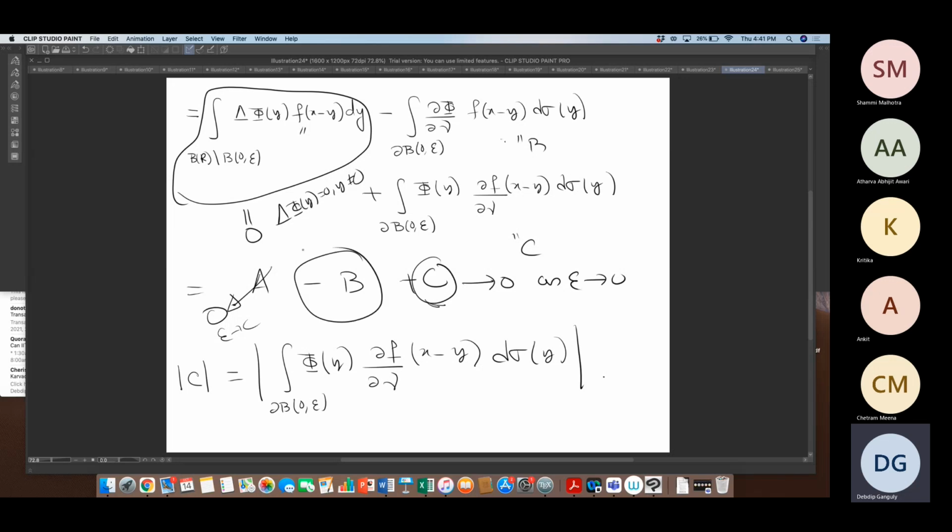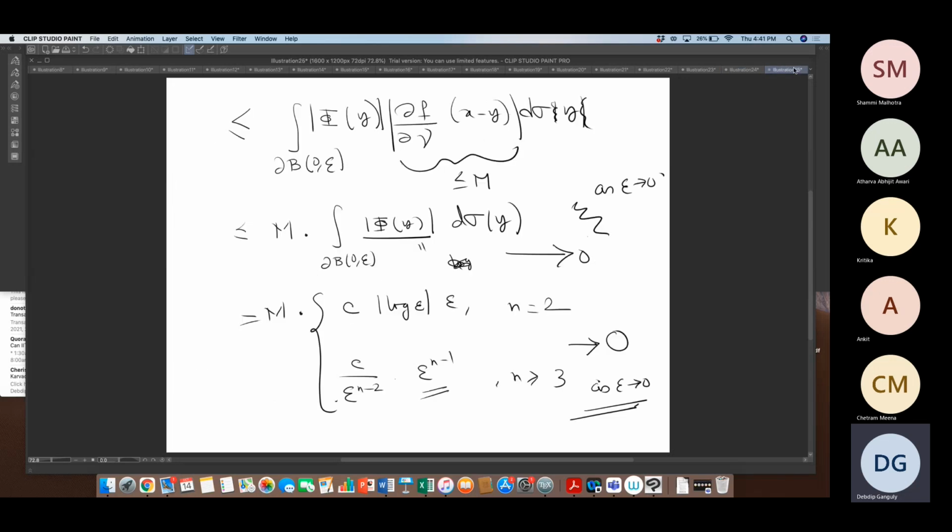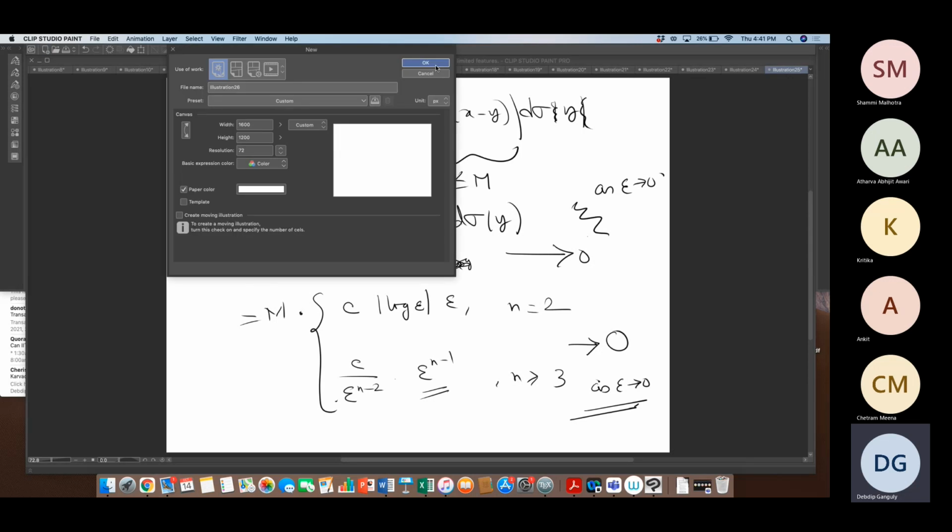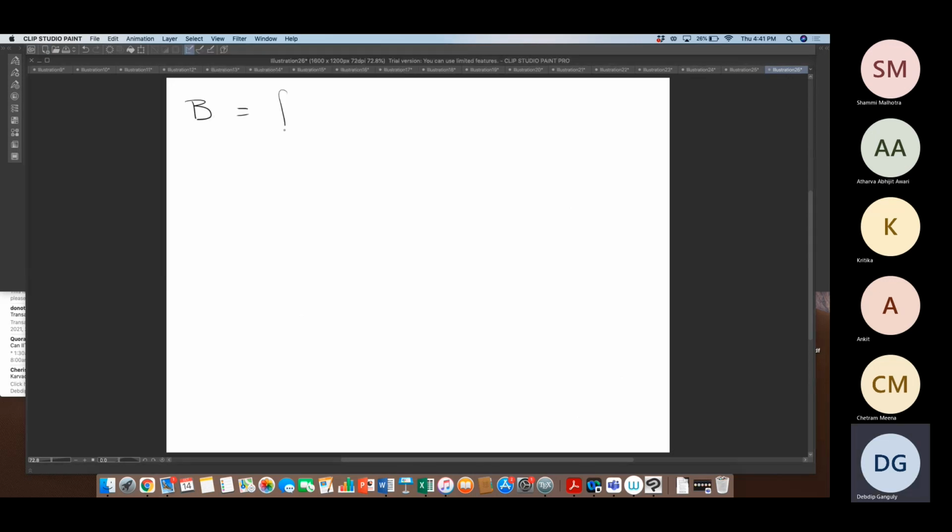Now you concentrate on B. Okay? What is B? Write down B. B is the integral over del B_0 epsilon of del phi y by del nu f of x minus y d sigma y.